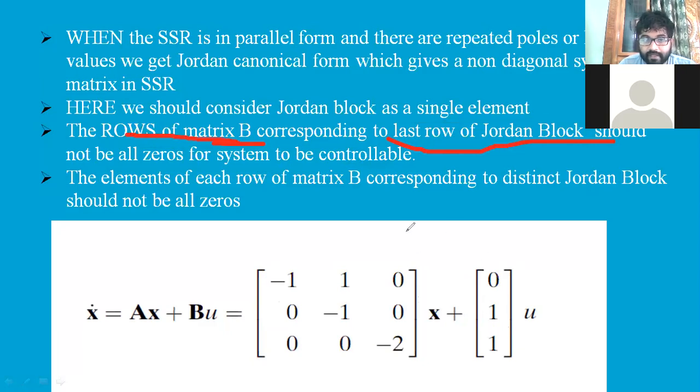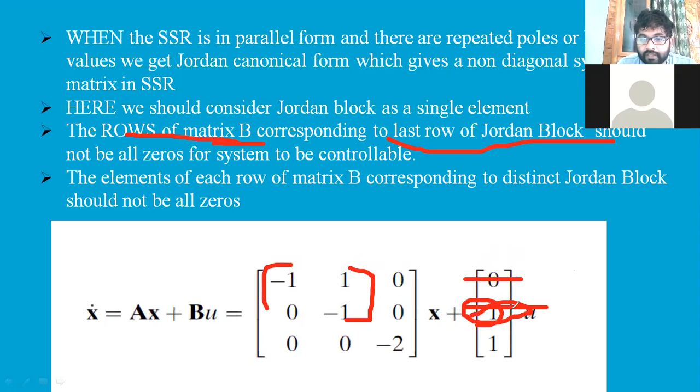The last row of matrix P corresponding to the Jordan block. This is the Jordan block. These are the two rows corresponding to the Jordan block. Among these two rows, which is the last row? This is the last row. Since there is only one input, we are getting only one element in that row. Otherwise, we will get as many elements as the number of inputs.